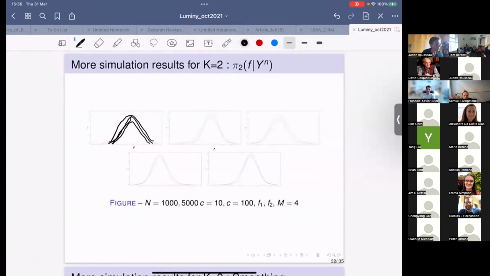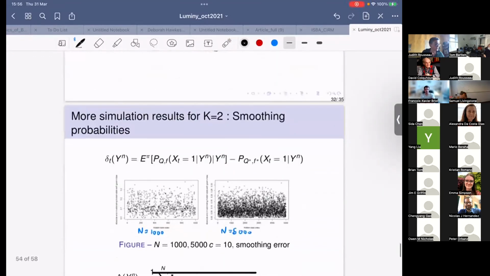So that's F1, F2. And we have made tries where you increase the number of mini chains in the algorithm, and we see that actually 10 is enough.